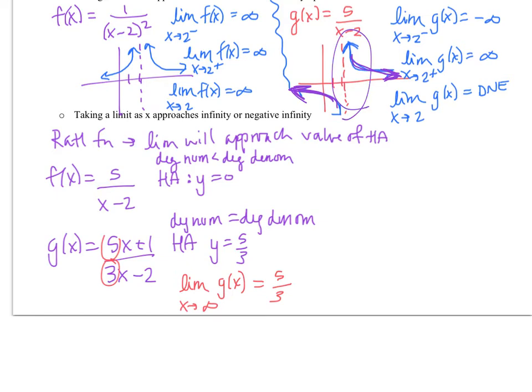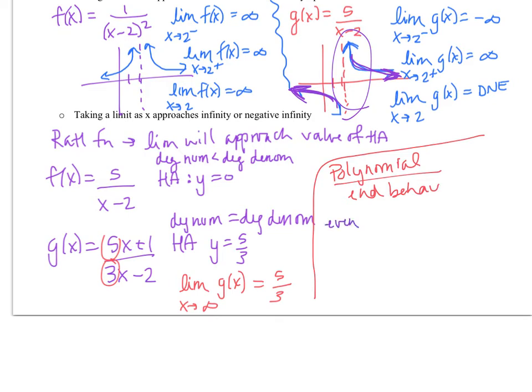Now, if my graph is not a rational function and I'm dealing with a polynomial, well, in that case, I want to focus on my end behavior. End behavior depends on whether we have an even degree or an odd degree, and whether my lead coefficient a is positive or negative.